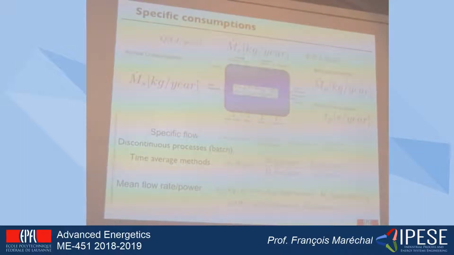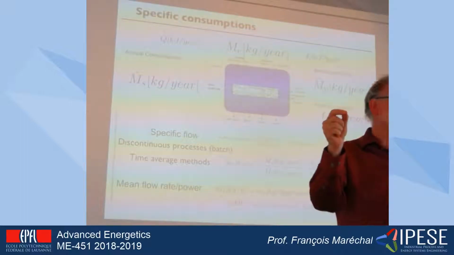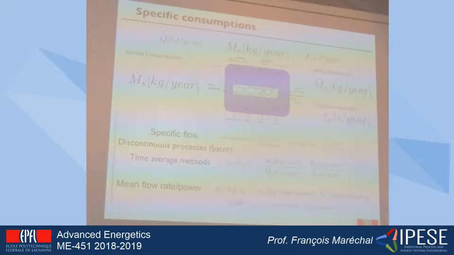Therefore, when you define the hot and cold streams, a trick that can be used is what we name time average, which is finally defining the consumption as a function of the kilograms, so the specific consumption that you will multiply by the specific production, or by the production, and divide by the operating time to have a mean power.